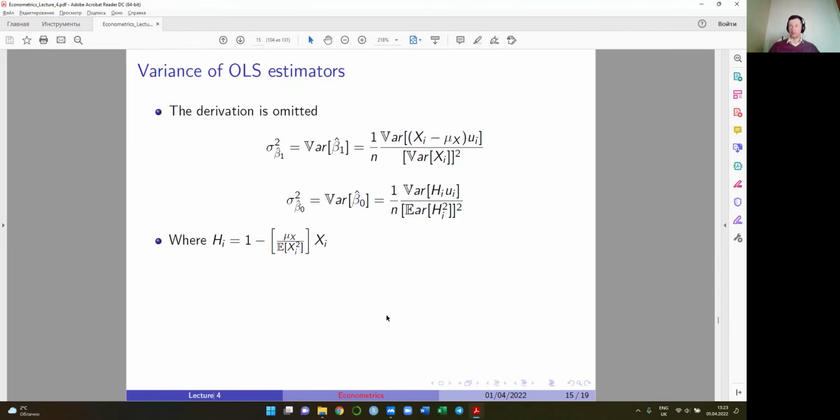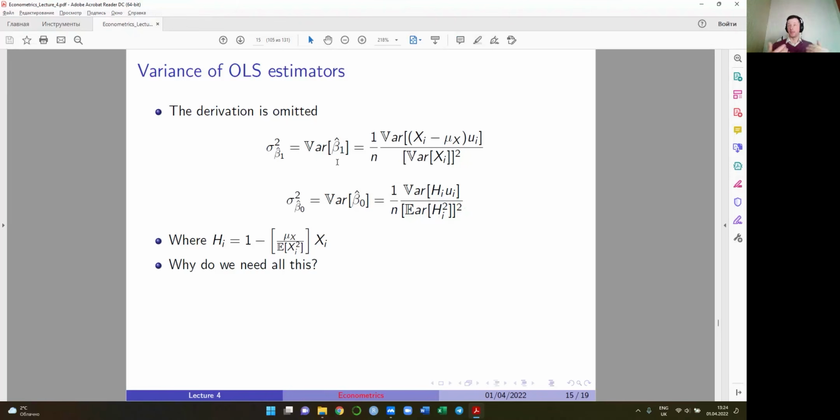Why do we need to know about these two variances? Why do we need all this? First of all, it also has some practical meaning. What you must do if you want to produce a quality model, a model that is good enough, let's say.